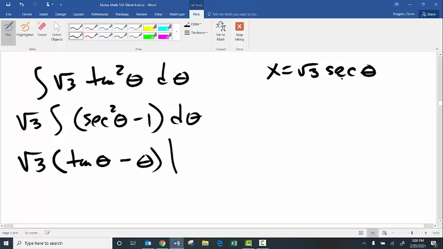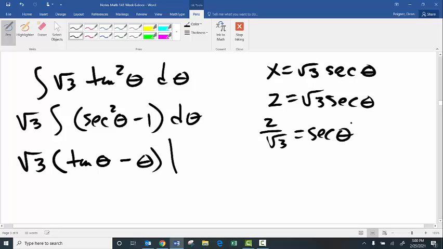All right. So now our first x value is 2. So we're going to put a 2 in. 2 equals root 3 secant theta. Divide by root 3. So we have 2 over root 3 equals secant theta. So in this case, secant, where it's 2 over root 3 is pi over 6.